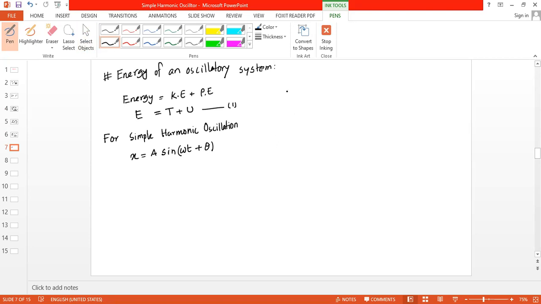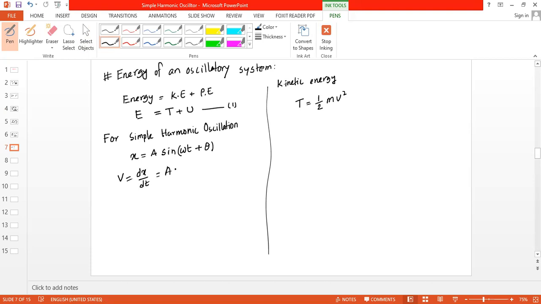Now we know the kinetic energy. Kinetic energy T equals 1/2 m v squared, mass times velocity squared. If the displacement is this, then velocity is dx over dt.